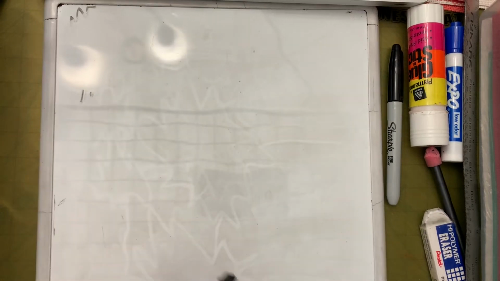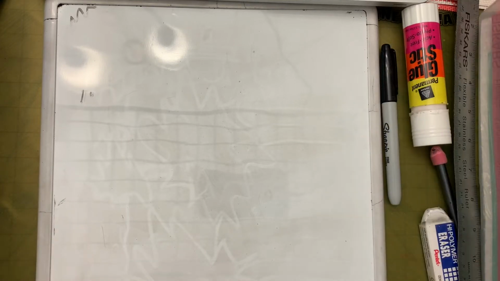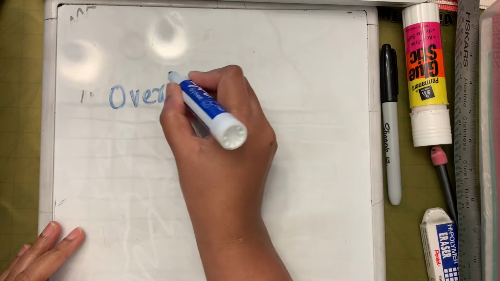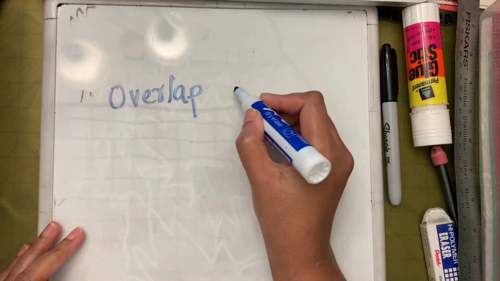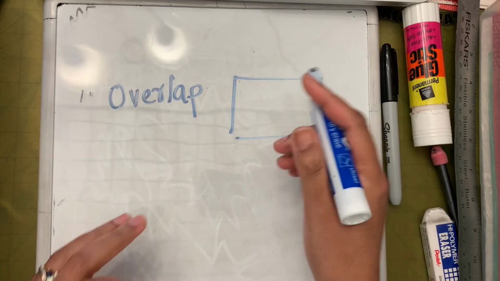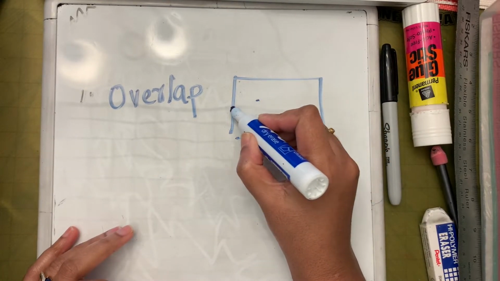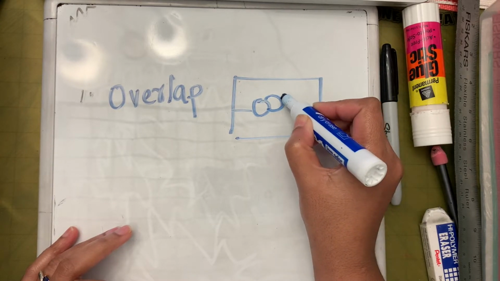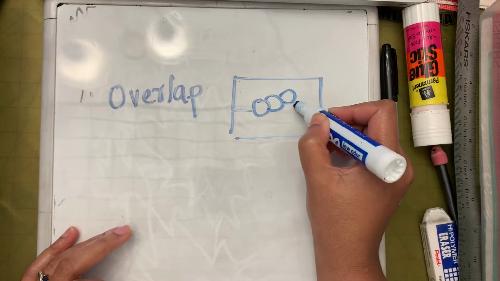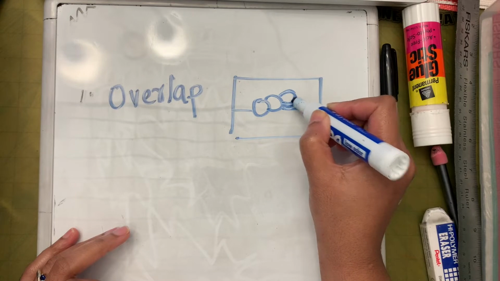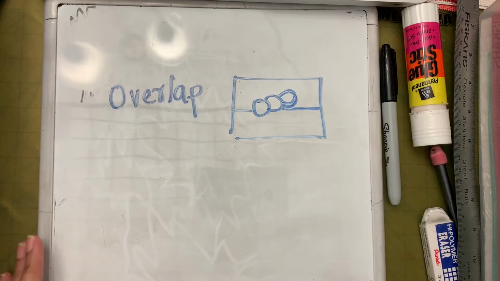The first technique, one that we all commonly use, is called overlapping. If you just overlap things, it will look like there is depth in the picture, like you're seeing into the distance.